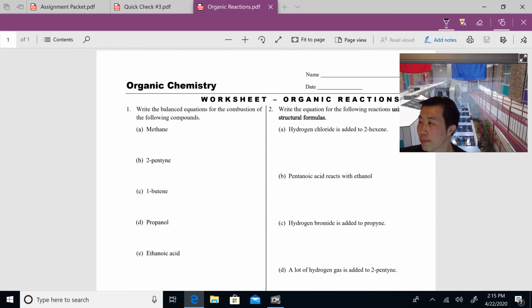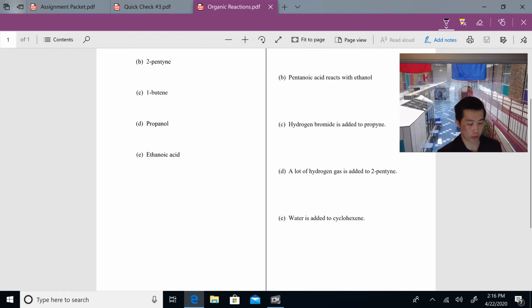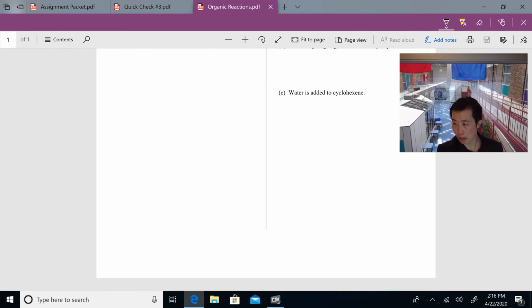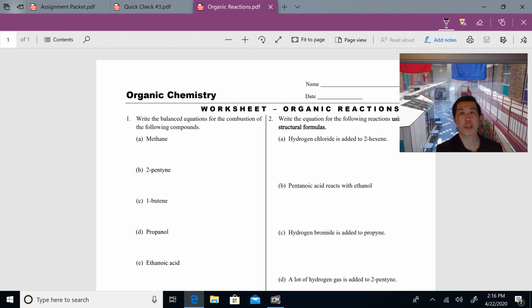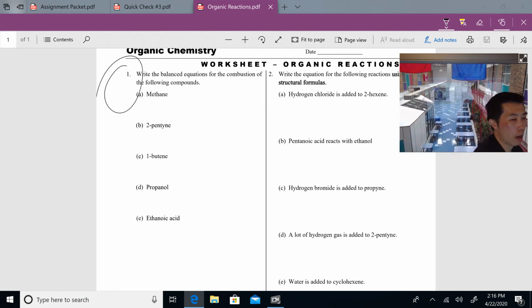What I'd like you to do is you're going to try and burn all of these that we have given to you, and you can see it's actually not much work really. I want you to burn each one of these. Okay. Do be careful about how many carbons and hydrogens you have for number 1 there. Okay. So be careful of that one.